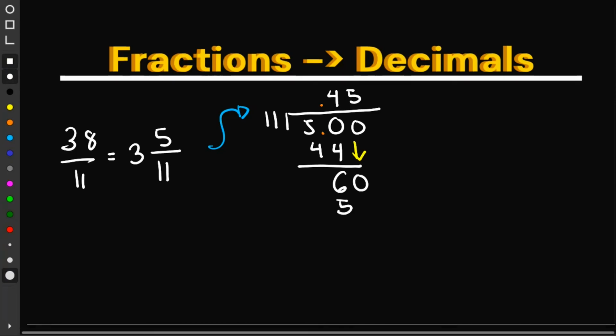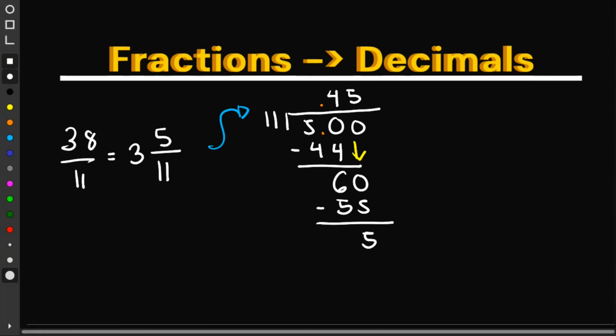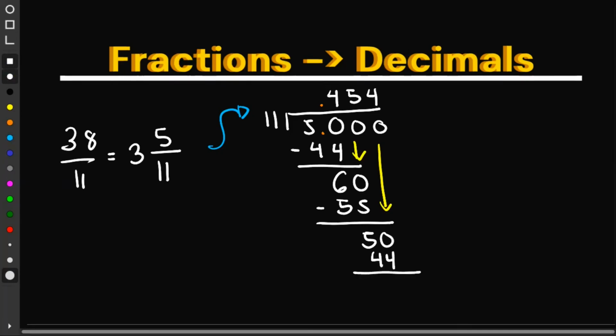So this one is 55. Just don't forget the subtraction symbol out here. So this one is 5. And again, we add zeros. Bring that down. And this one would become equal to 4. So 44. And this one will become 6.